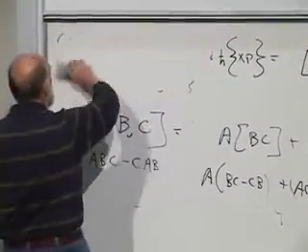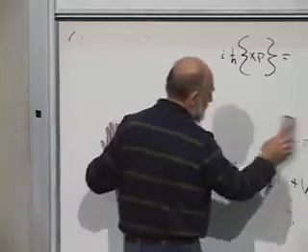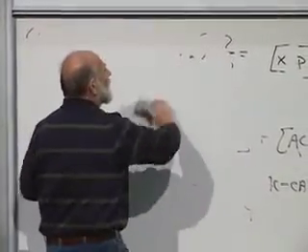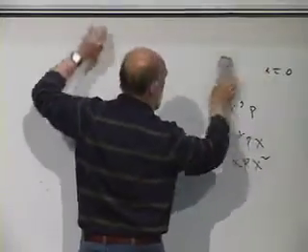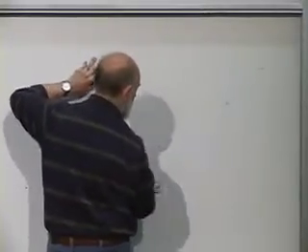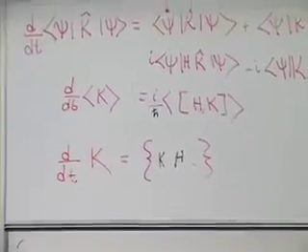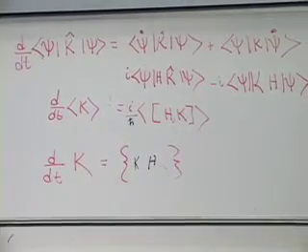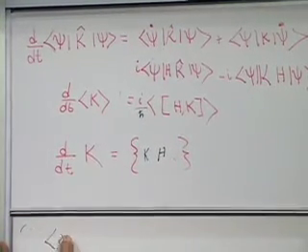I'll erase off the blackboard here, but of course we all have them memorized. And here's the operative equation that we want to apply. Let's first figure out how the average of x changes with time.